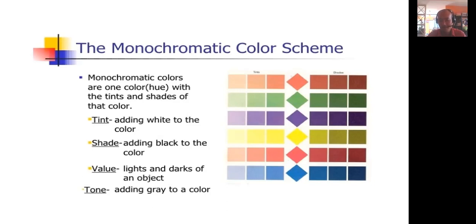Again, sometimes you can be confused with this, right? So shade is black, tone is gray to a color, and value is a matter of playing with a little light or dark on an object. If you can look at the example here, we have the tints adding white to the color, and on the right side you see the shades by adding black to the natural color they have in the middle.